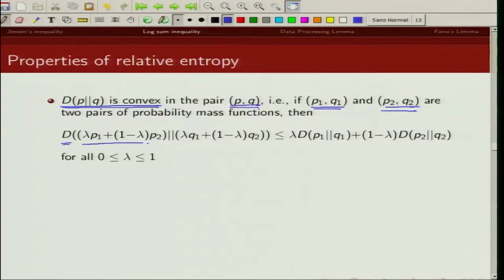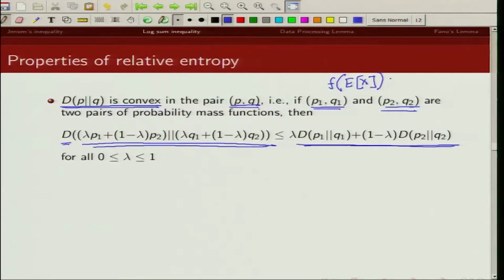the function evaluated at the expected value of x is less than or equal to the expected value of the function. This is when the function f of x is convex.